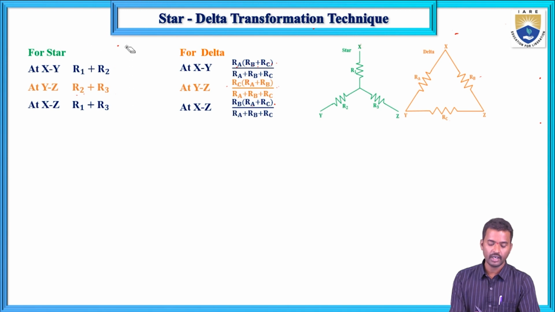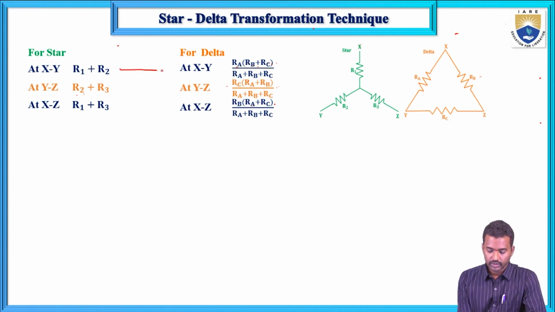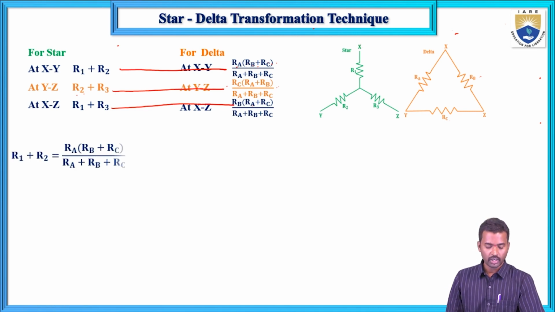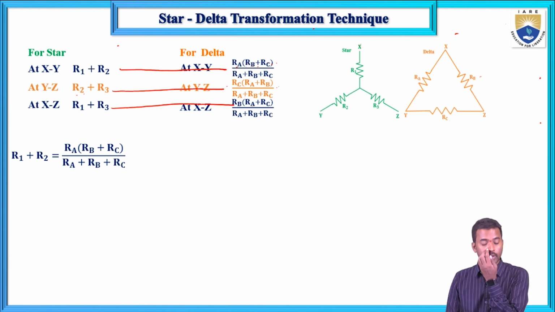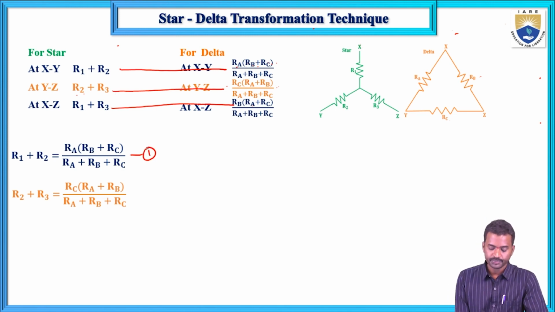Now equate. This resistance and this resistance are the same, this resistance and this resistance are the same, and this resistance and this resistance are the same. Now here R1 plus R2 equals RA into RB plus RC divided by RA plus RB plus RC, and this is equation number 1.